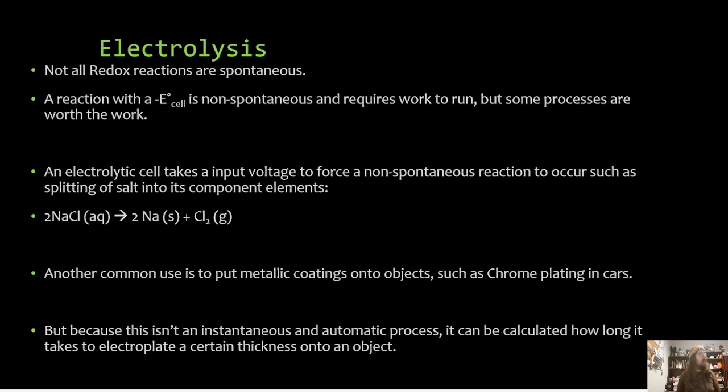Aluminum used to be a very rare metal, one that you could not get easily, and so it was very costly to get aluminum.